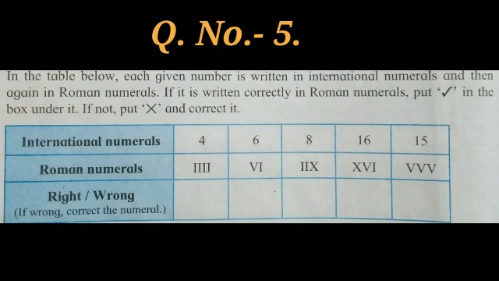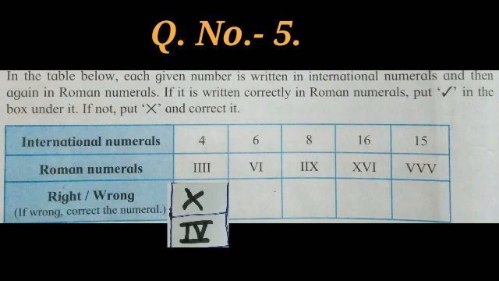If the international number does not match the Roman symbol, then we have to put a wrong mark below that number. Just see the first number, 41, and below that the Roman symbol of I four times is given, which is totally wrong. We never write I four times. So we have to put the wrong mark below it.